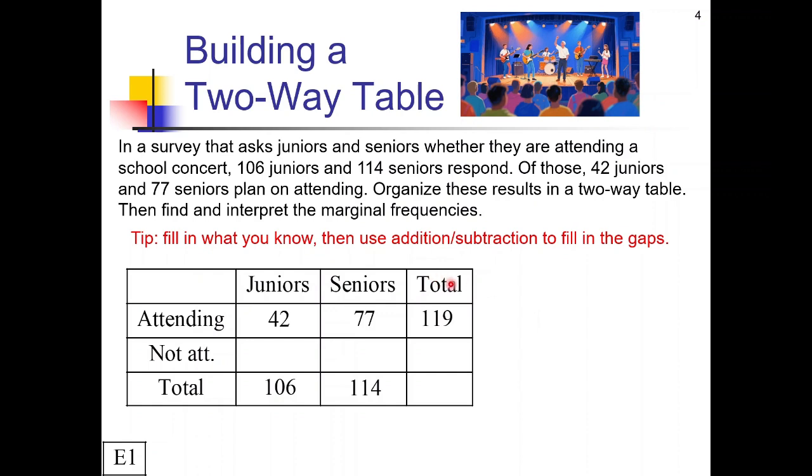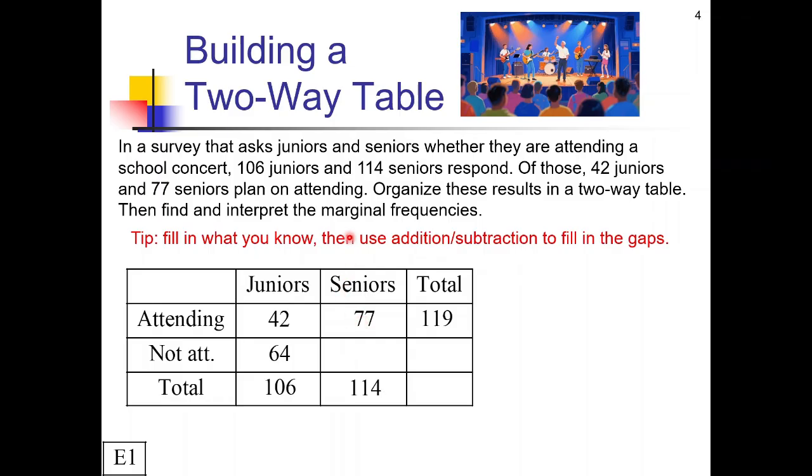You can use a calculator for any piece of this if you want. Then this next one here, if we have 42 juniors attending and 106 juniors total, 106 minus 42 is going to give us 64 juniors who are not attending. And then over here, 114 minus 77.